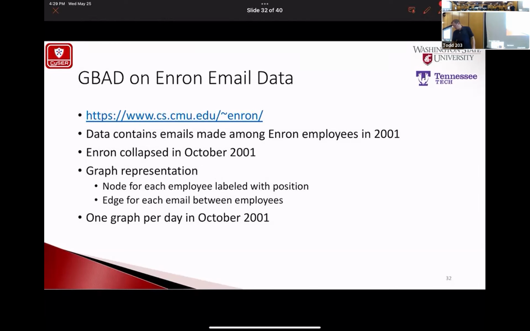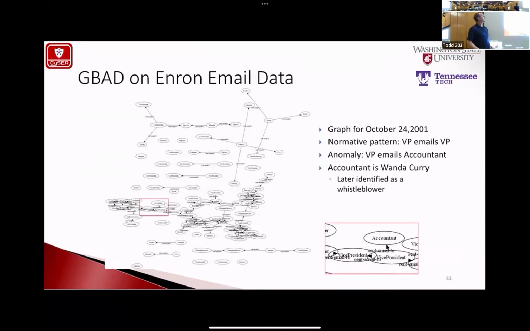If you do that, it's a little blurry, but this is basically whenever somebody emails somebody else, we get a link between those people. And then there's other links for if they reply. In some versions of this, we would include information about the subject of the email.